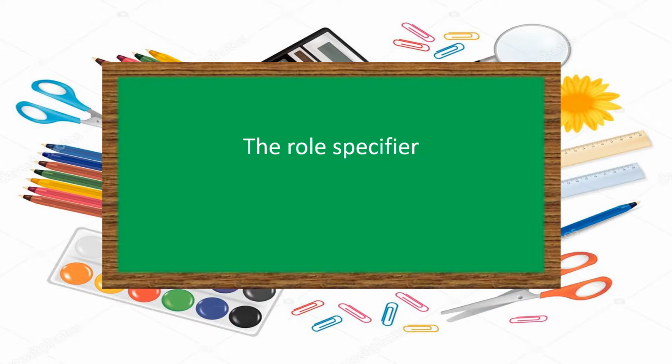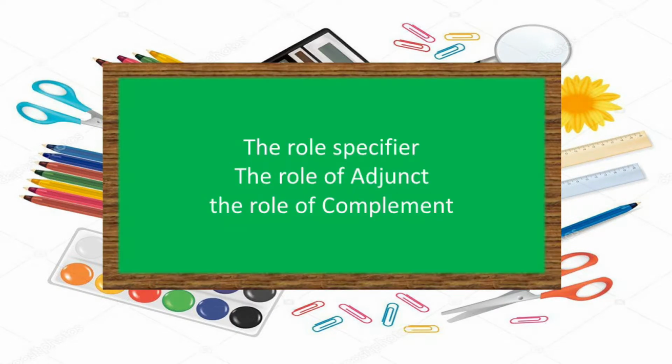Talking about the X-bar theory in this chapter, here we are going to talk about the three basic rules of X-bar theory. The first is the rule of specifier, the second is the rule of adjunct, and the third is the rule of complements.